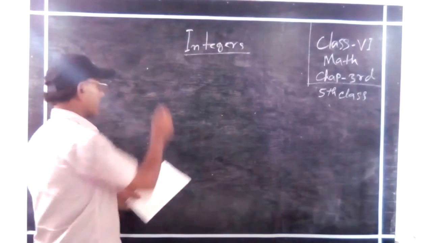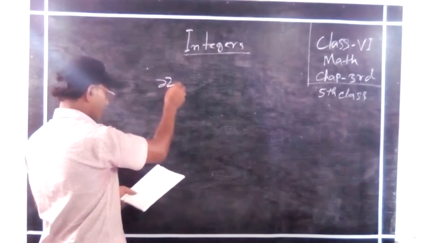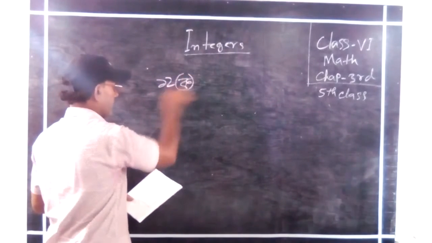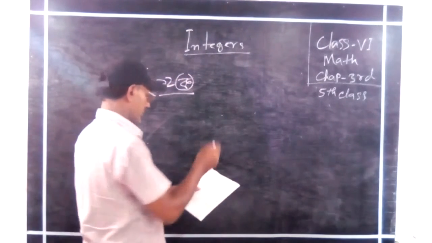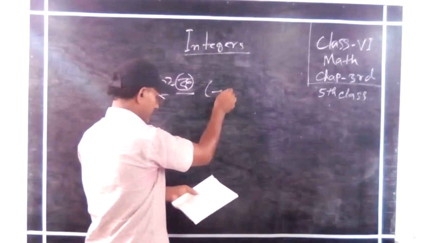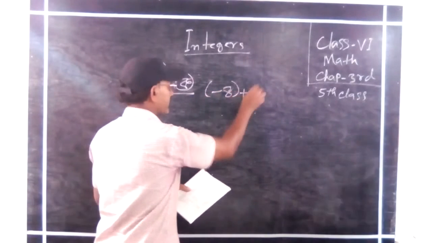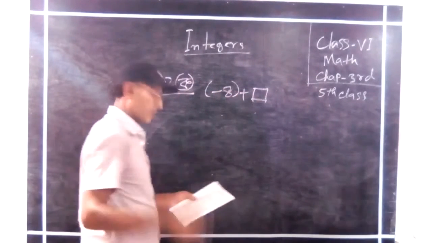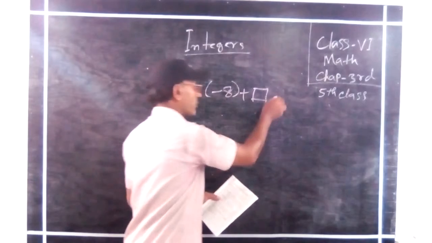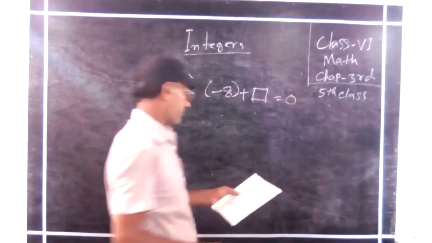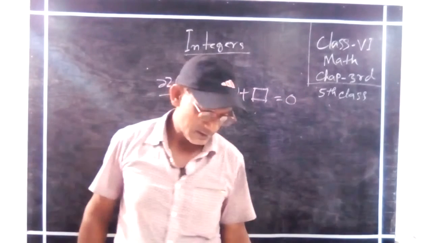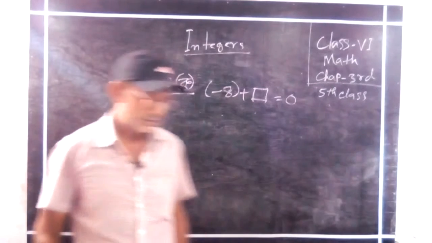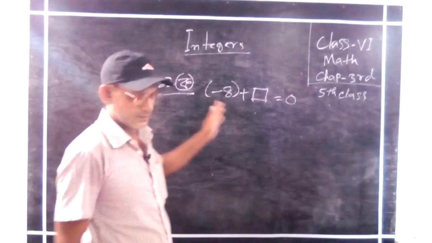Number 12 ka, fill in the blank. Number 4: minus 8 plus empty cell or gap equal to 0. That means our right side.